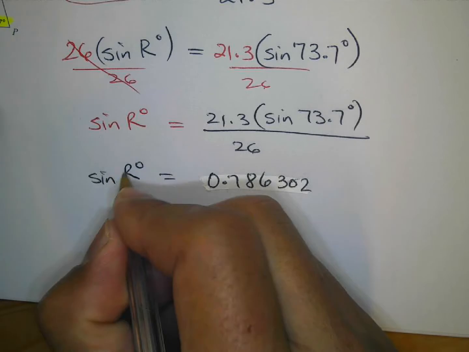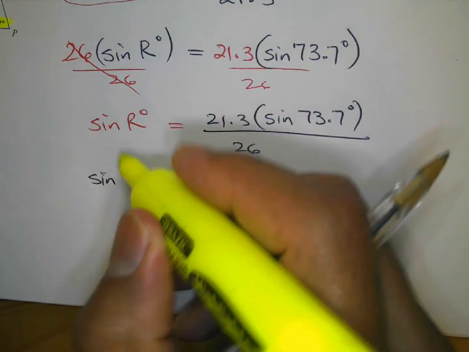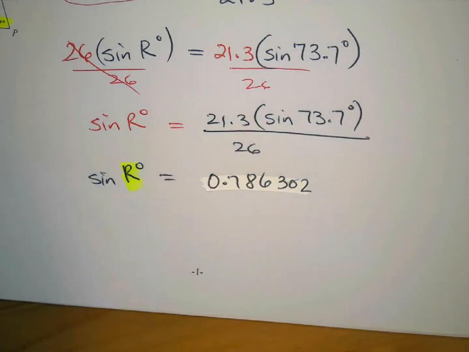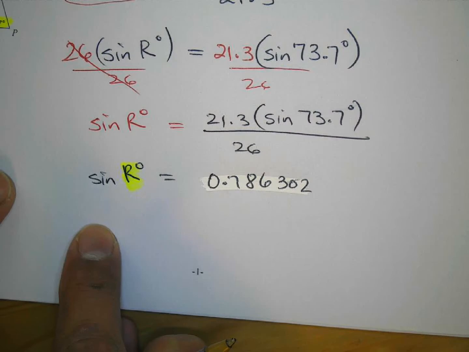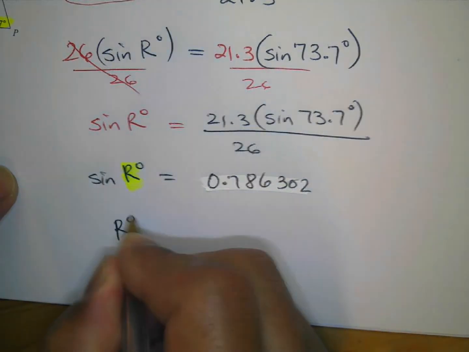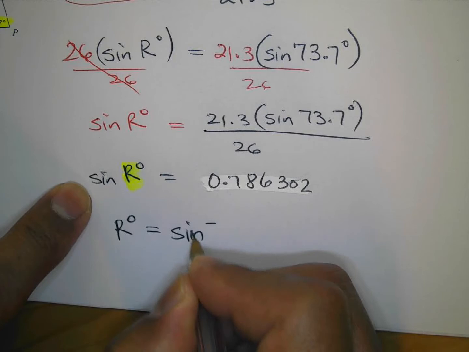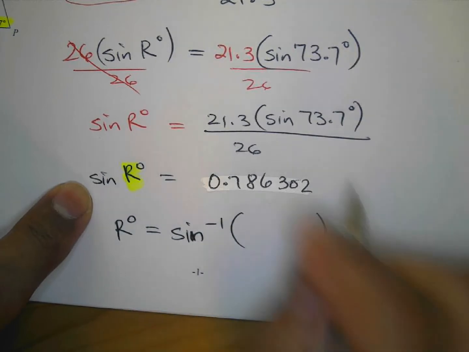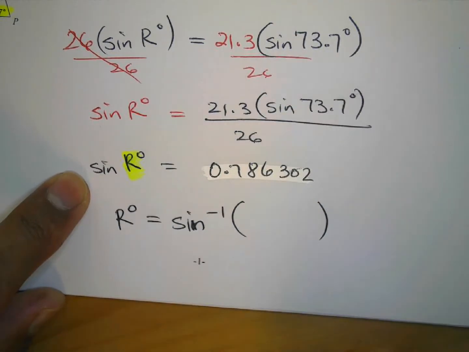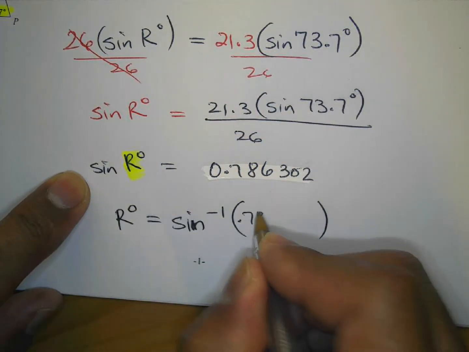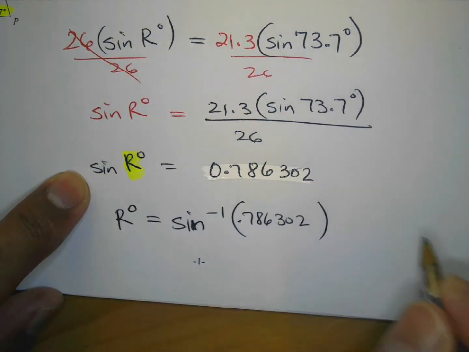And then this is the part we went over in the first video. Remember when you're trying to find an angle measure? We can't divide by sine. We do the inverse. Use the inverse function. So then R is going to be the inverse of sine. And even though we don't have a fraction, it's still just the inverse of this number, 0.786302.